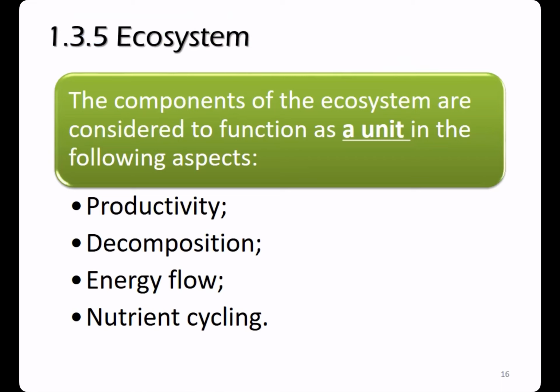We have looked at various components in an ecosystem, whether they are biotic or abiotic. We need to consider the components in an ecosystem to function as a unit in the following aspects. That is their productivity and the decomposition and energy flow, and also nutrient cycling.